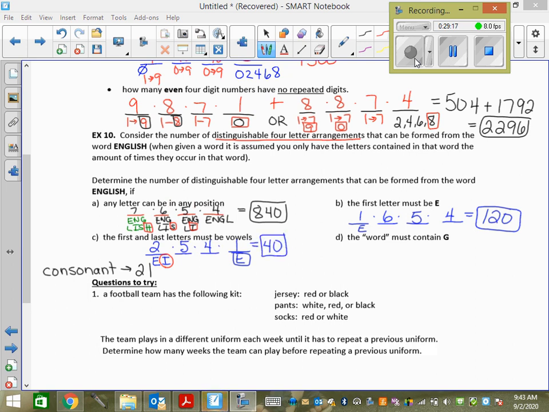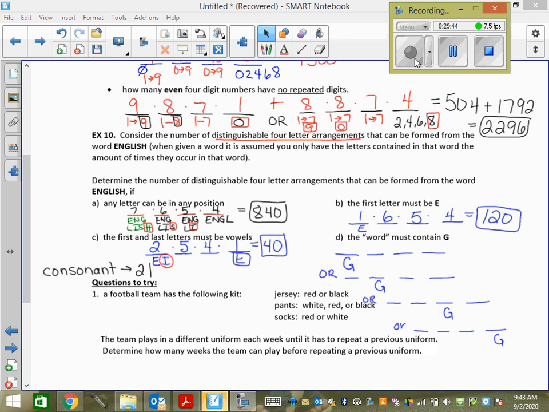Here's the trick. The word must contain G. Does it say where the G needs to be? Nope. So I could have one case where the G is at the front, or a case where the G is in the second blank, or a case where the G is in the third blank, or a case where the G is in the fourth blank. So here I would have one option, right?